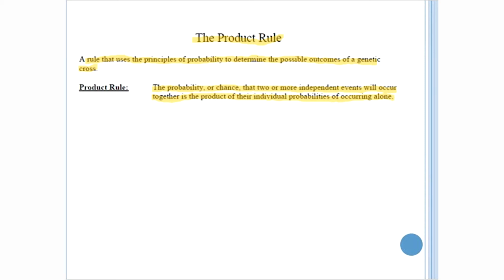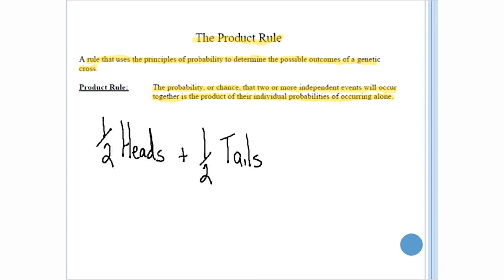For example, if you were to toss a coin, you would have a 1/2 chance of getting heads. You also have a 1/2 chance of getting tails. What are the chances of getting 3 heads in a row?